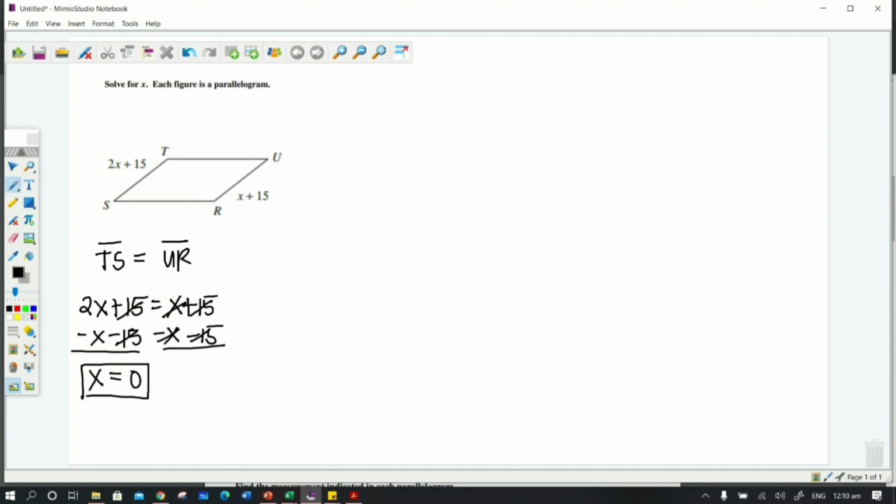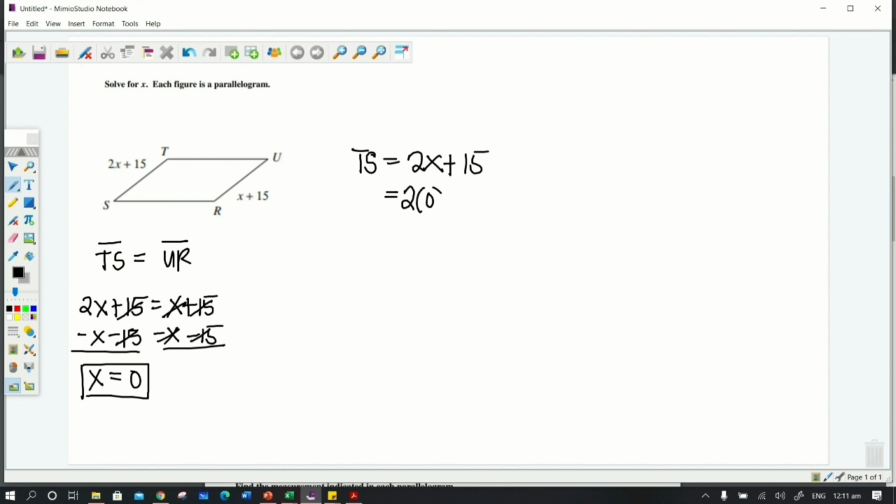Now to check if that is correct, we need to verify if they are equal. By substituting it to our equation, we have TS is equal to 2x plus 15. So we plug in the value of x that we obtained.